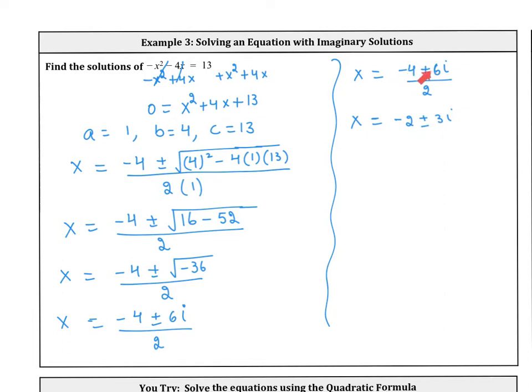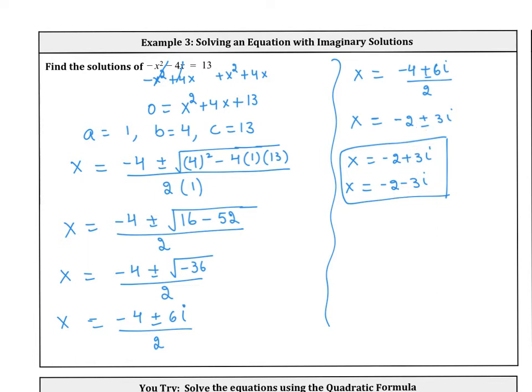You can take the GCF of 4 and 6, that is 2, outside the bracket and then cancel with this 2. Or you can divide them separately, 4 divided by 2 and 6 divided by 2. The two answers you're going to have are negative 2 plus 3i and negative 2 minus 3i. So these are the two answers, one with the plus sign and the one with the negative sign here.